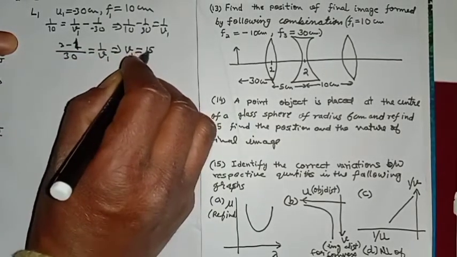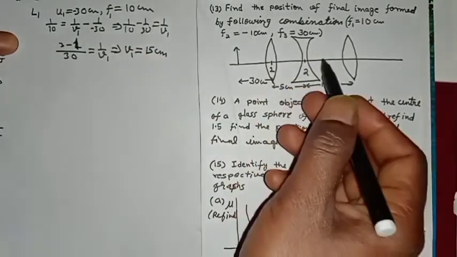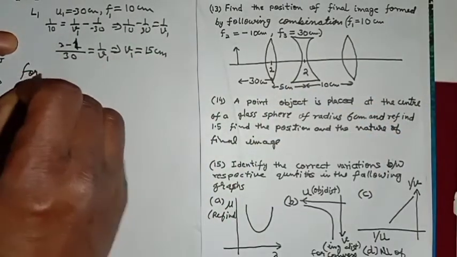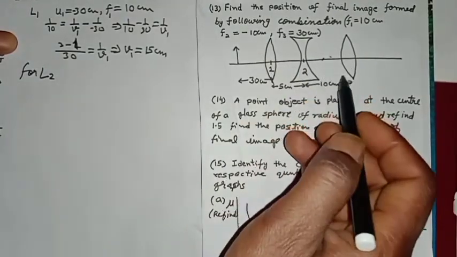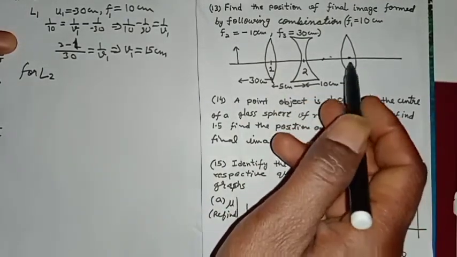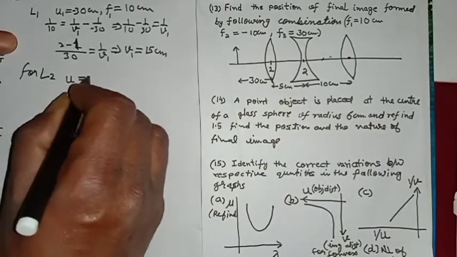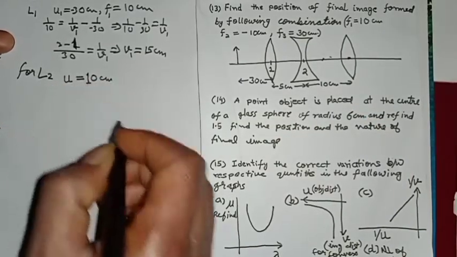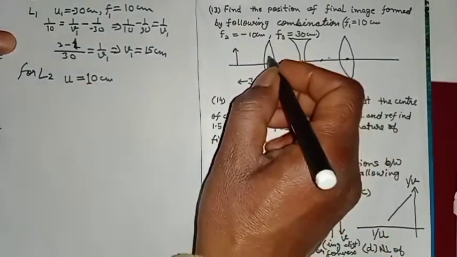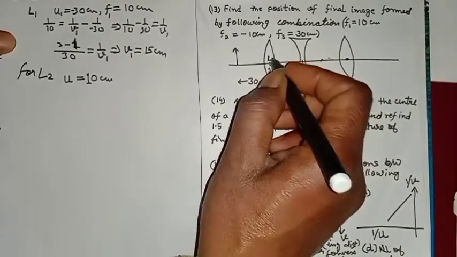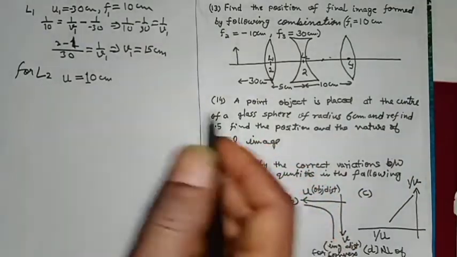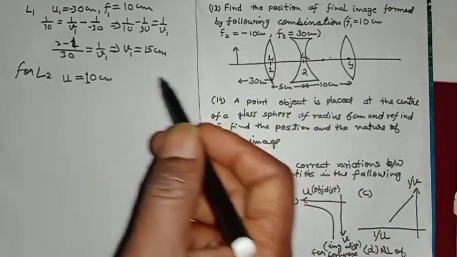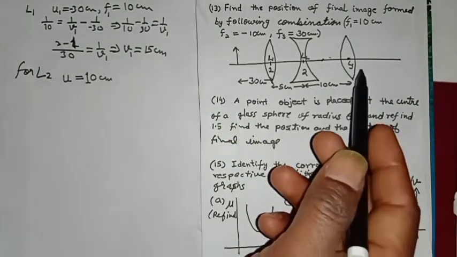So 15 centimeter. For the second lens, you can see it will be somewhere here, exactly there actually. So what is its distance from the concave lens? It is 10 centimeter. If this is L1, this is L2, this is L3, then the distance between L2 and L3 is 10 centimeter.